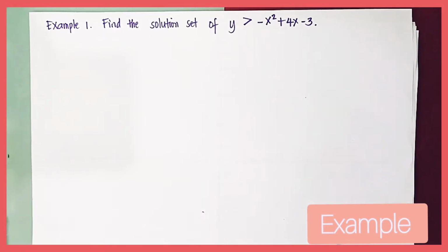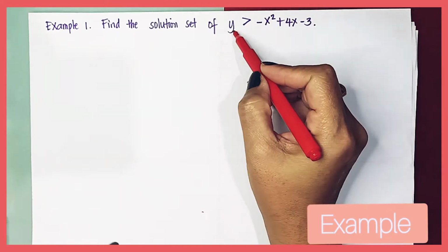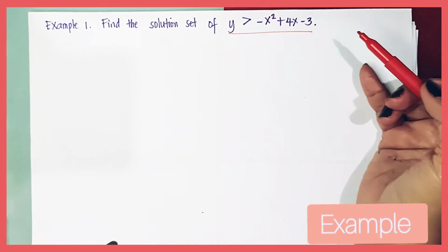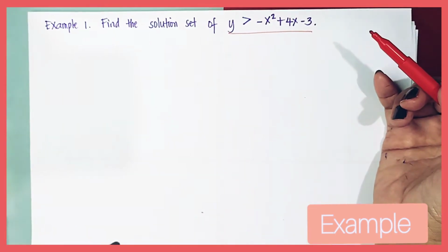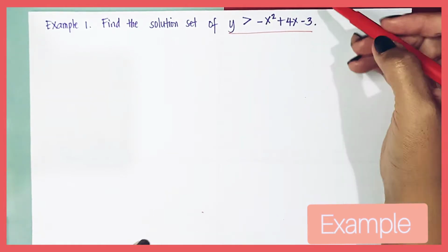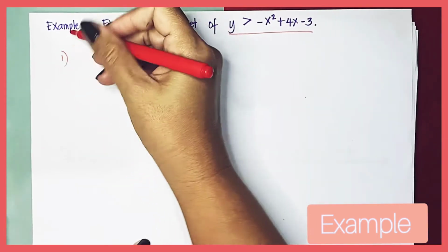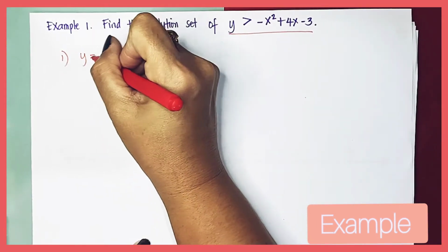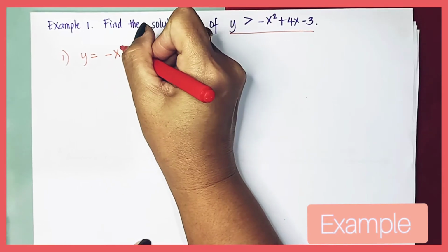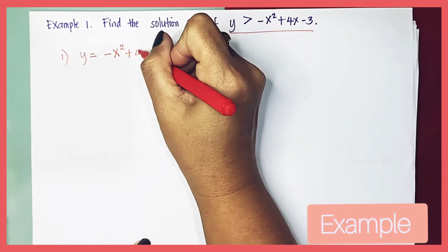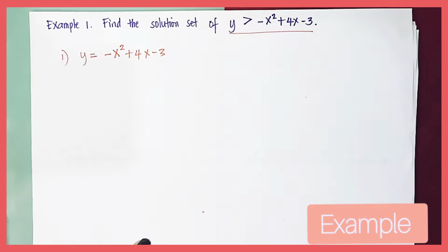Example number 1, find the solution set of y is greater than negative x squared plus 4x minus 3. So step 1, write this inequality as its corresponding equation. That would become y is equal to negative x squared plus 4x minus 3.